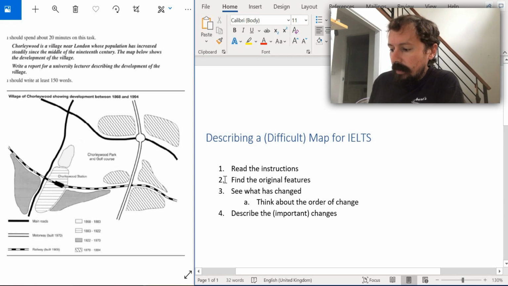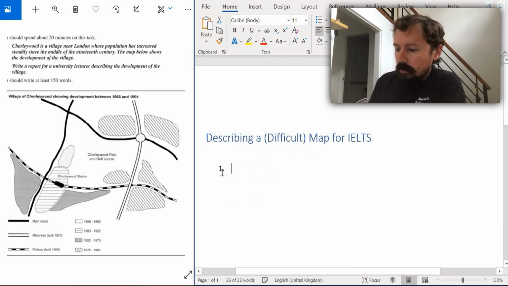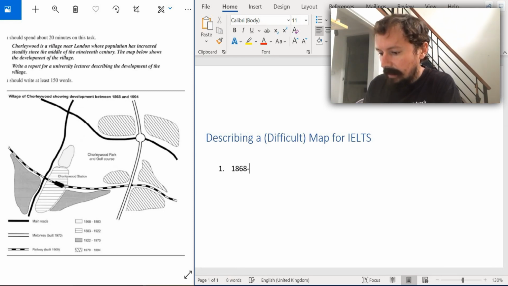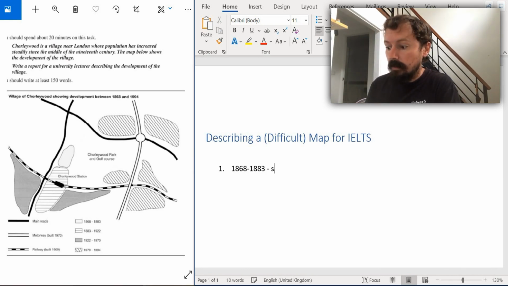So if we want to do this, then we can try to find the order of events, and let's do that together. Okay, so from 1868 to 1883, it was a small village located near or to the east of the main road.